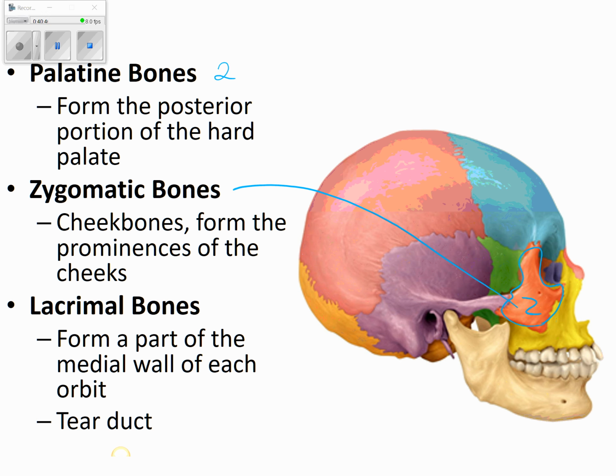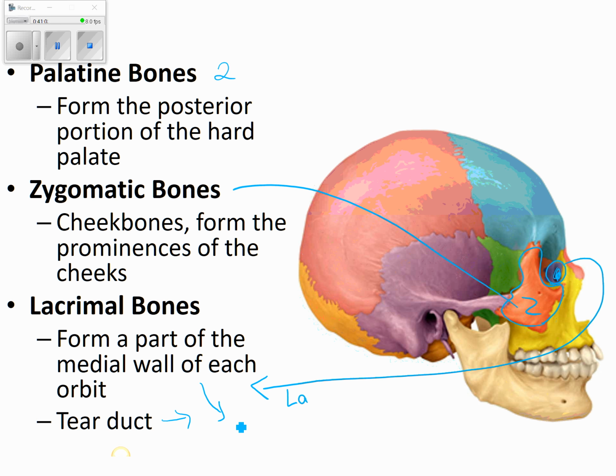You also have lacrimal bones, which form a part of the medial wall of the orbit, and they contain the tear duct. If you look here, it's colored purple. That is your lacrimal bone. And that little opening inside, that's your tear duct opening. So just a few things to know about the lacrimal bone.